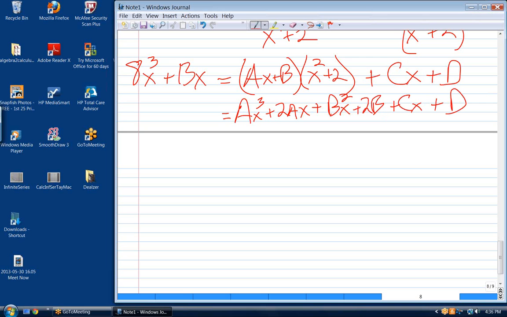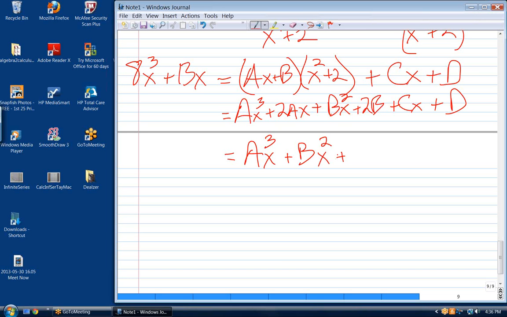And now what I'm going to do is equate coefficients. First of all, I want to gather together all my like coefficients over here. I only have one x cubed, so I'm going to do that. But notice I have a 2ax plus a cx. And I only have one x squared. Let me go ahead and list the next x squared term, because I only have one of those.